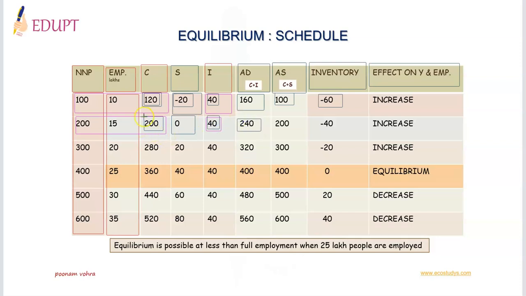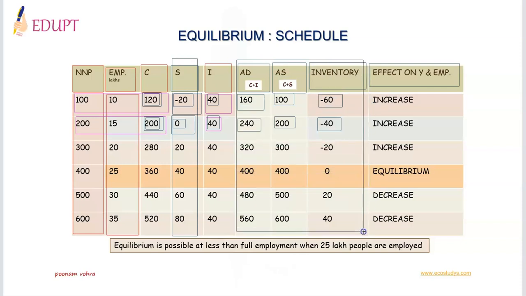Aggregate supply is 200 plus 0, which is 200. Here also aggregate supply is less than aggregate demand. So inventory is minus 40. Similarly, one can find savings in each case. Investment is known, aggregate demand and aggregate supply, and hence inventory level in each case.